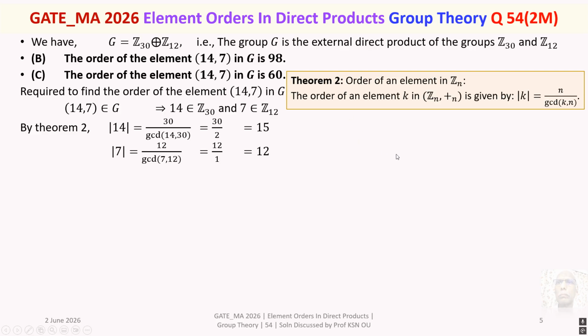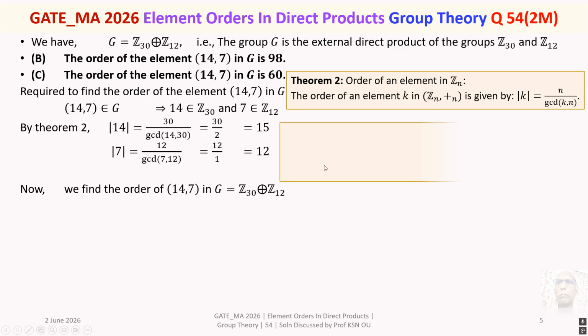Now what will be the order of the ordered pair (14, 7) in G, that is Z30 ⊕ Z12? For that we recall theorem 3, the order of an element in a direct product.